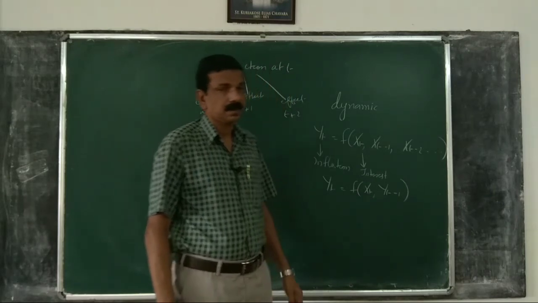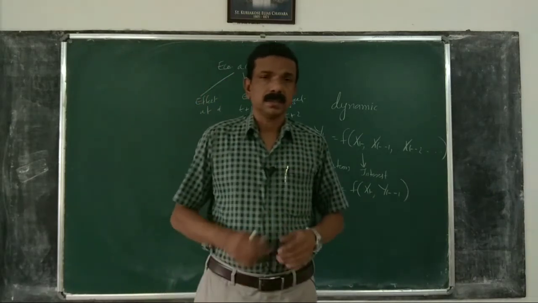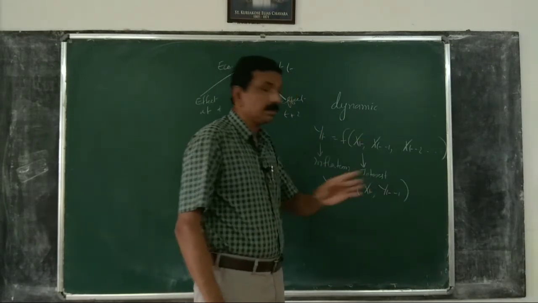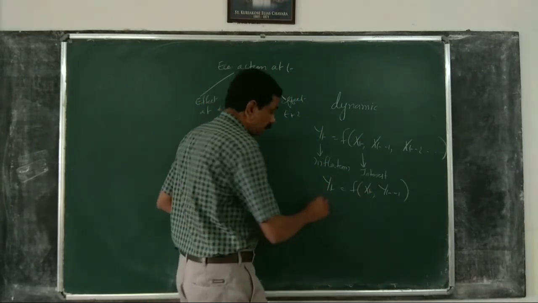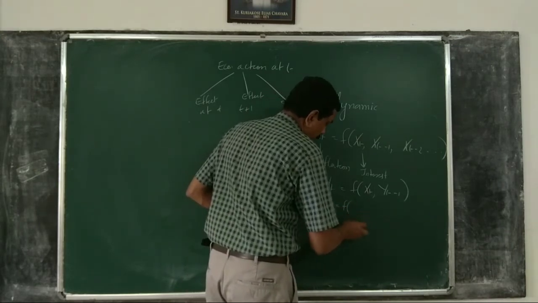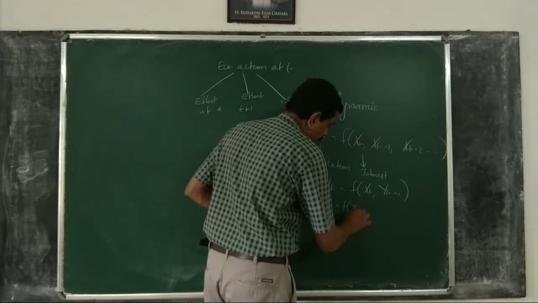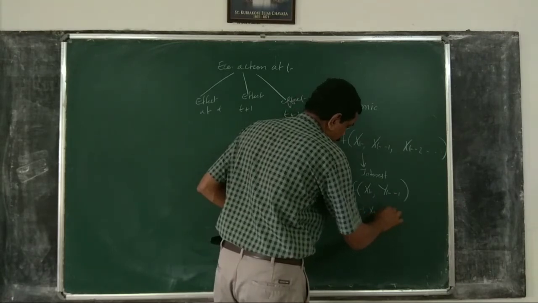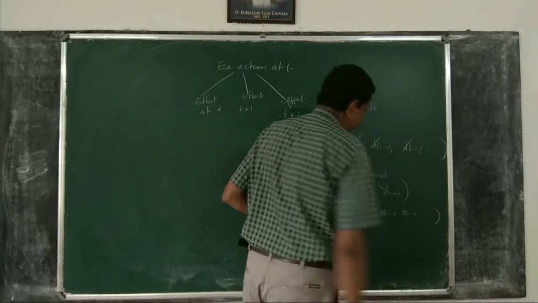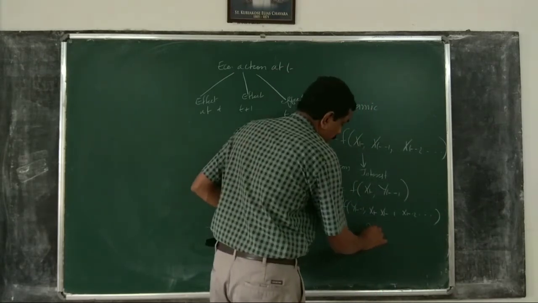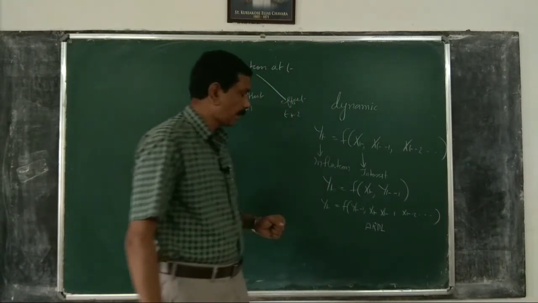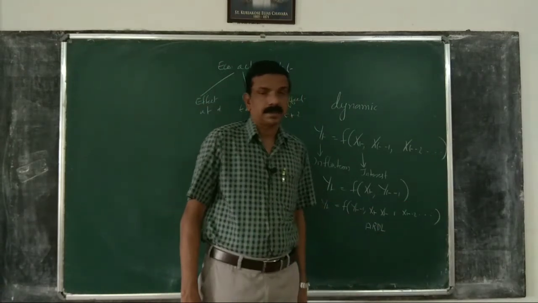yt minus 1. A third model which we consider is the autoregressive distributed lag models, where yt is a function of yt minus 1, xt, xt minus 1, xt minus 2, etc. Such models are known as ARDL models, autoregressive distributed lag models.